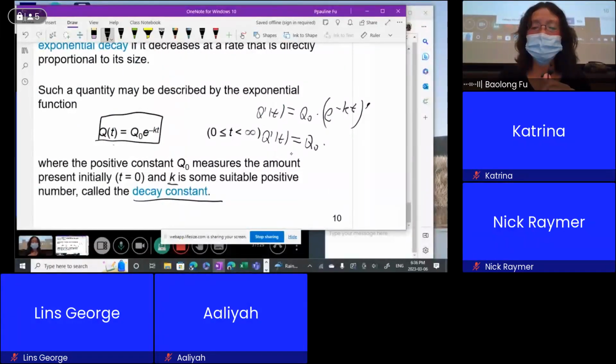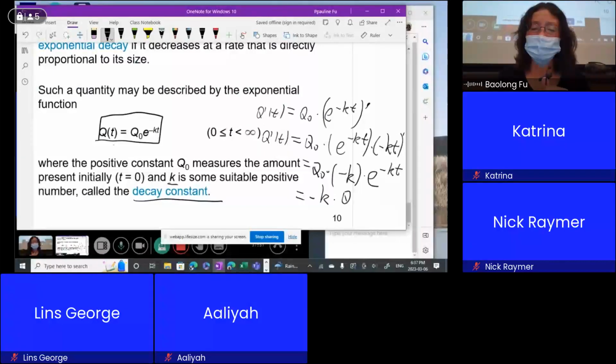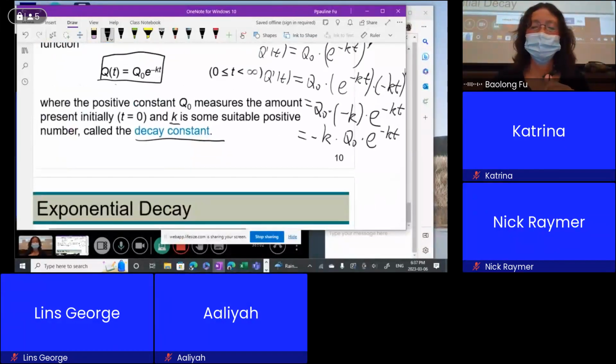The derivative of e raised to power is e^kt times derivative of the exponent, so negative kt derivative equal to negative k times e^(negative kt), equal to negative k times Q0 times e^(negative kt).